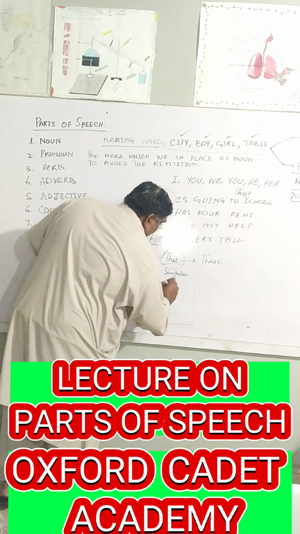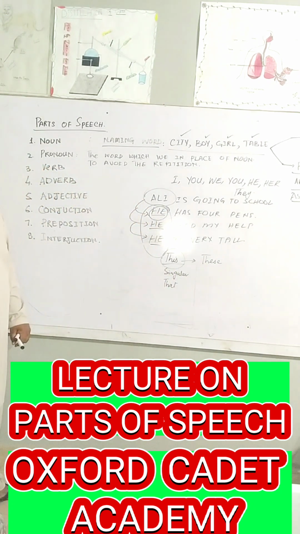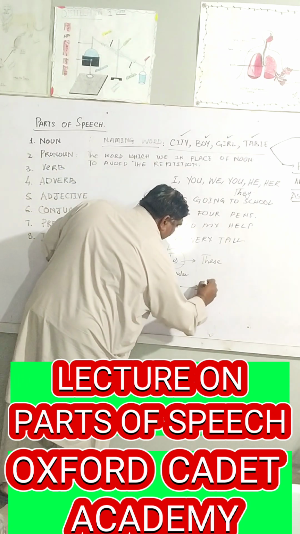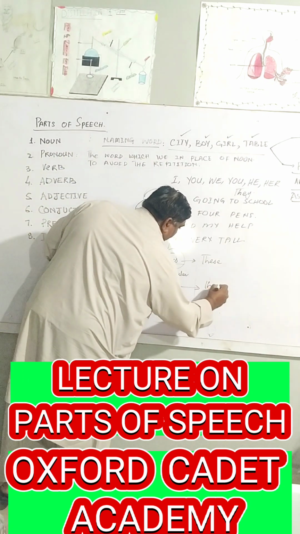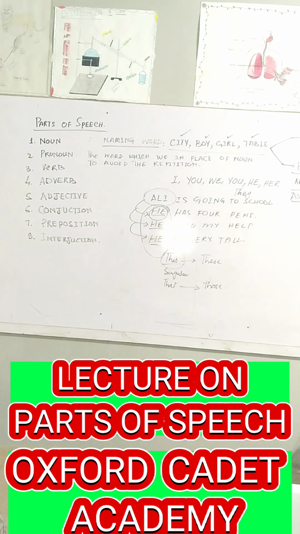And that is also a pronoun. When we use it in plural form, it will be those. Pronoun has many types, 9 types. So we will discuss it in another lecture.